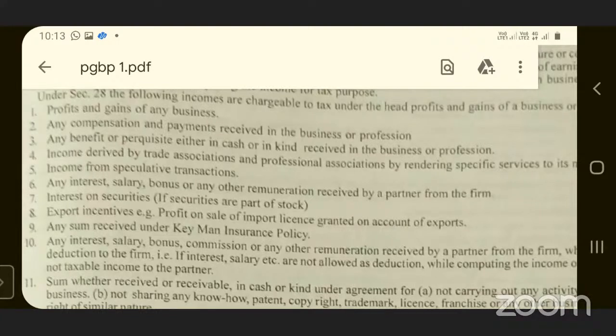Again, whatever profit is earned by the partnership firm will be charged upon that particular partnership firm itself. That's why here we are not considering the profit. The tax upon that profit will be charged on the partnership firm itself. Whereas a partner's salary or any other remuneration will be treated as income from business or profession.